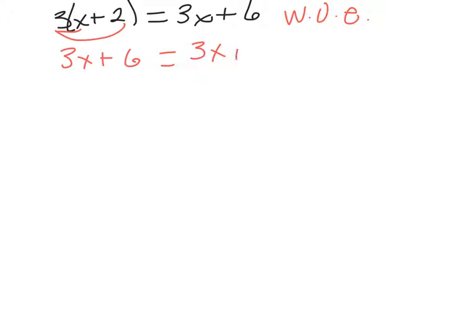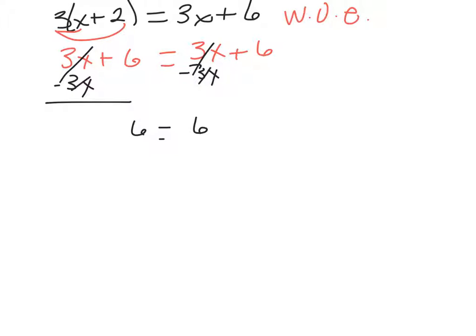And we'll have 3x plus 6 over here. We will subtract 3x from both sides. That crosses those out. We end up with 6 equals 6.